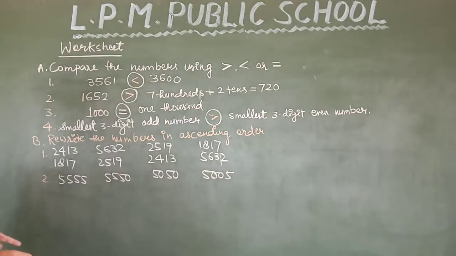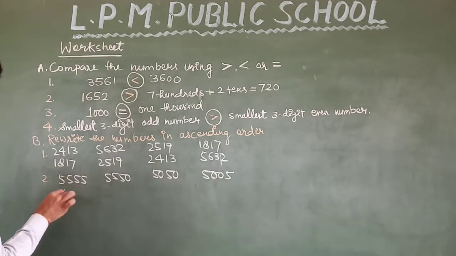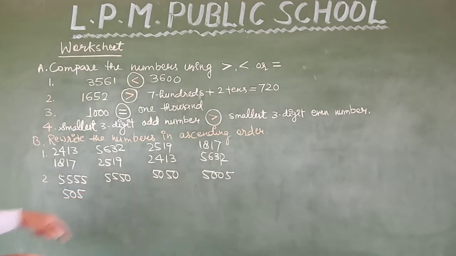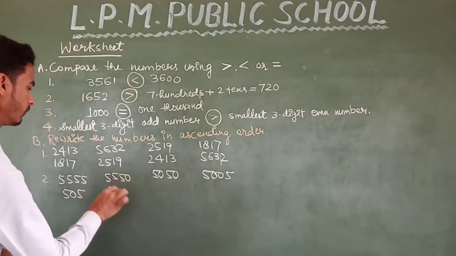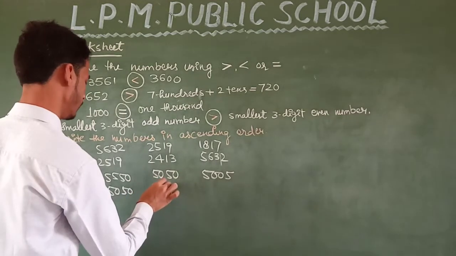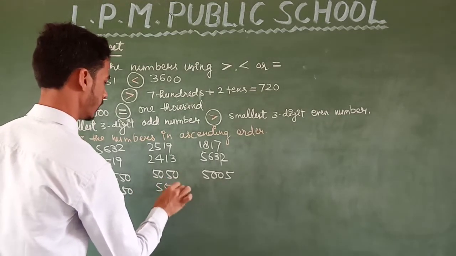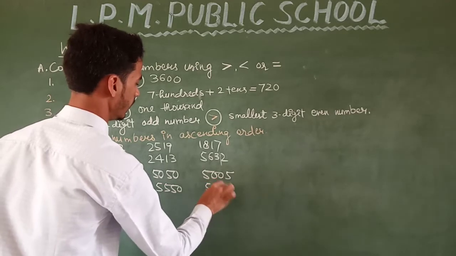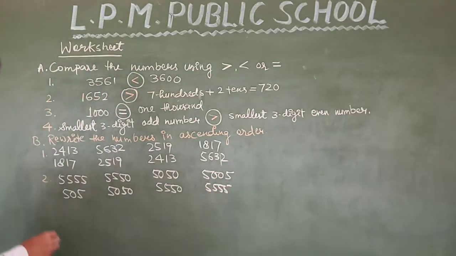You know that 5005 is smaller, so 5005 we have to write first, and after that 5050 and after that 5550 and after that 5555.